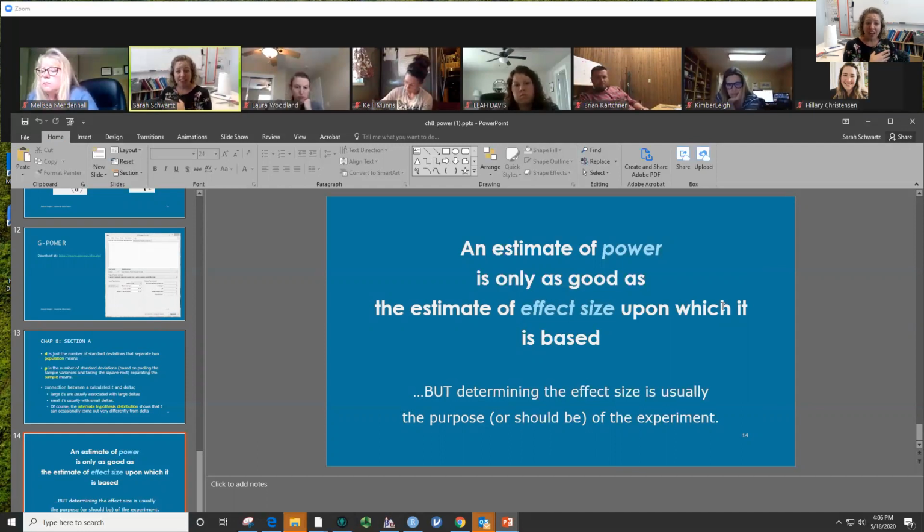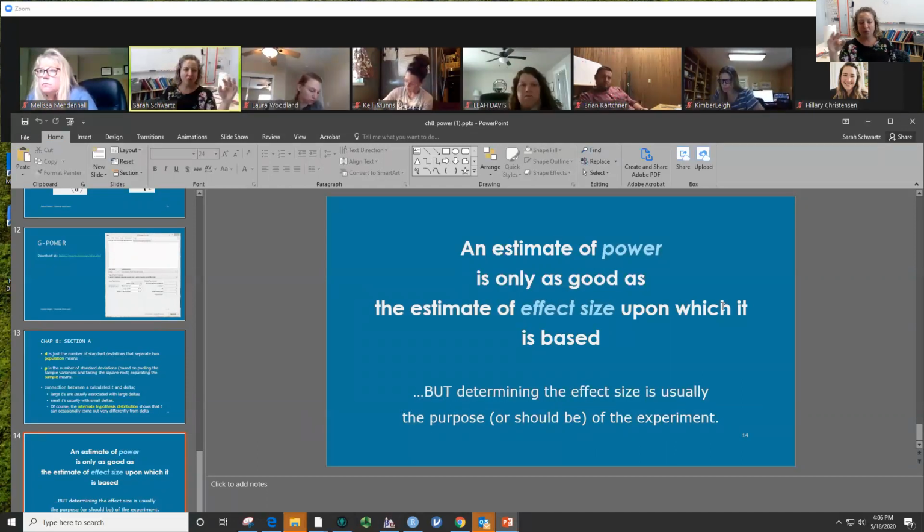And it's really not a good idea to use Cohen's cutoffs of 0.2, 0.5, 0.8 for that effect size. It is better to really dig into the literature that you can find, and it might not be for the exact scale, for the exact population, but you want to look for related populations with related measurements.